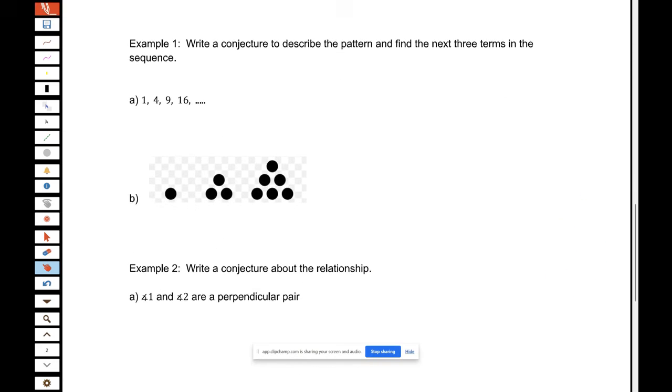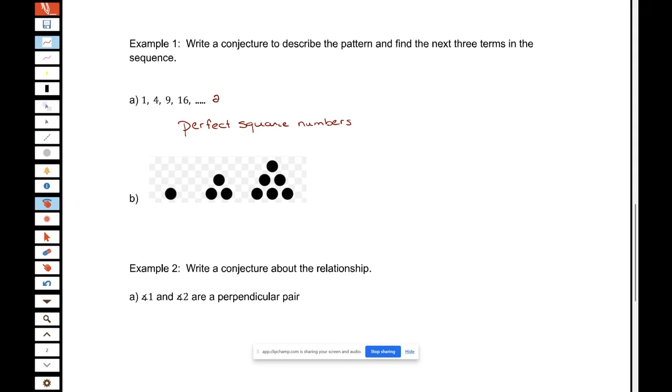All right, so here's some examples of the types of problems you would have on assessments to show that you understand these concepts. Example 1, write a conjecture to describe the pattern and find the next 3 terms in the sequence. So for A, it's 1, 4, 9, 16. Okay, and when we went over this in class, we know that these are perfect square numbers. 1 squared is 1, 2 squared is 4, 3 squared is 9, 4 squared is 16.